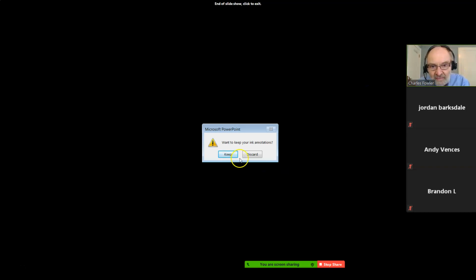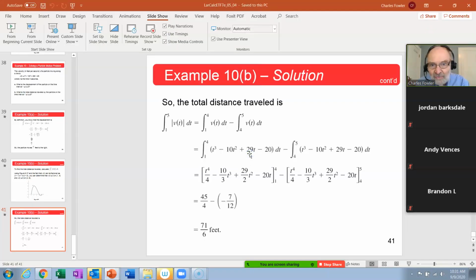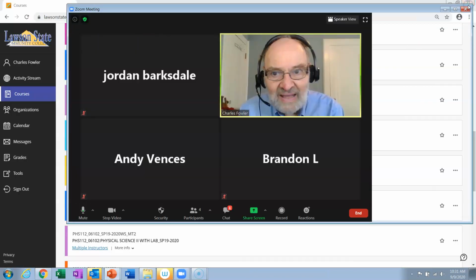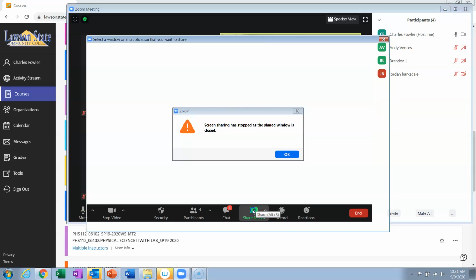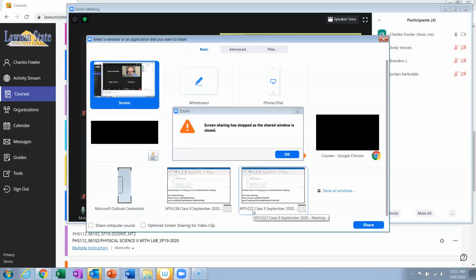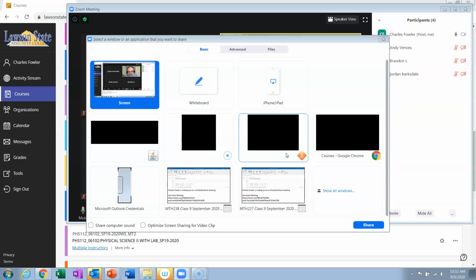Okay, I'm going to discard my annotations and close out this slide. My screen sharing is stopped, so let me pick up. I've got to get this out of the way because I can't read.